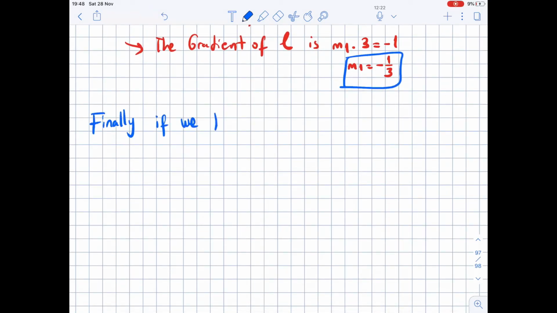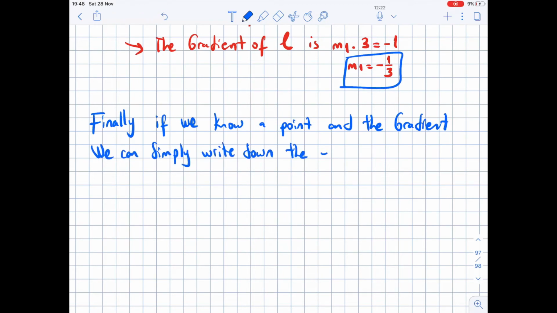Finally, I would like to tell you, if we know a point and the gradient, two simple things, we can simply write down the equation. I have to draw a line to show you easily.